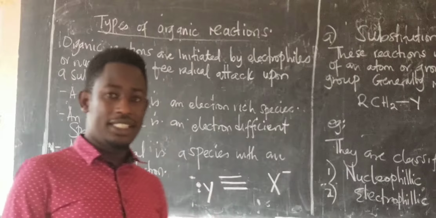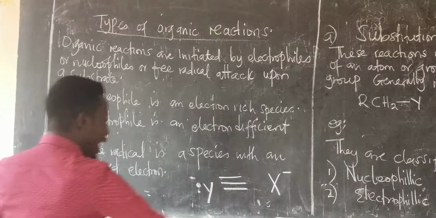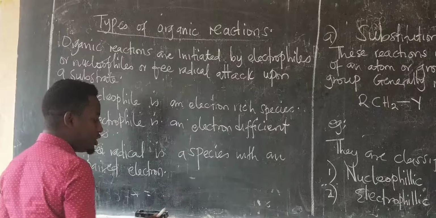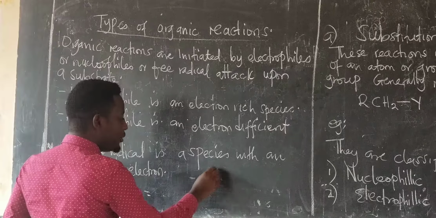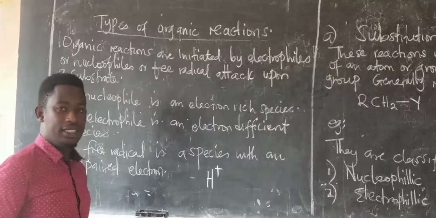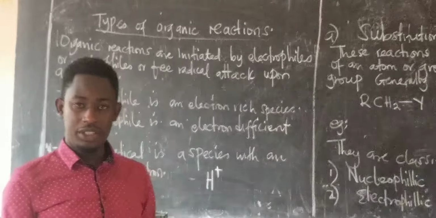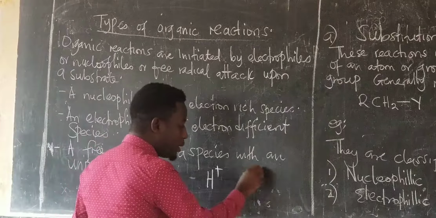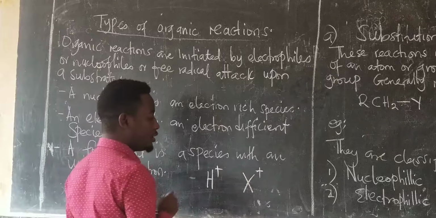Are we together? An electron-deficient species can be maybe a hydrogen atom, hydrogen ion, or any compound which has an atom that is positively charged.